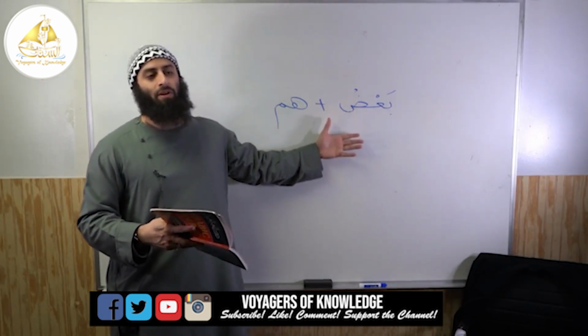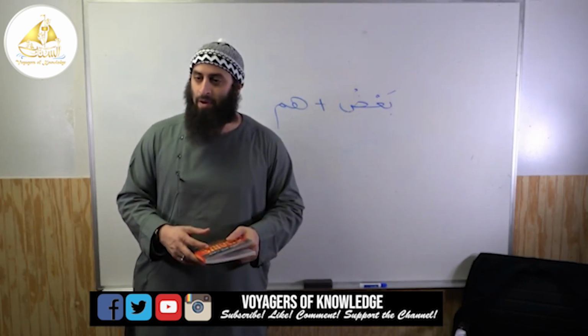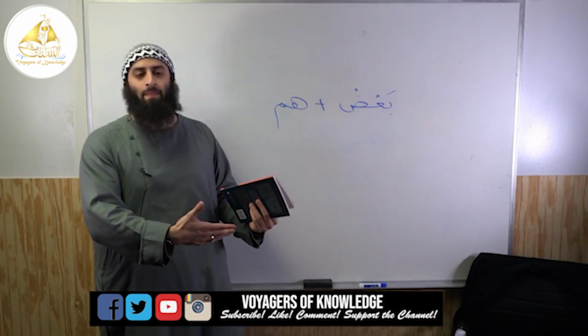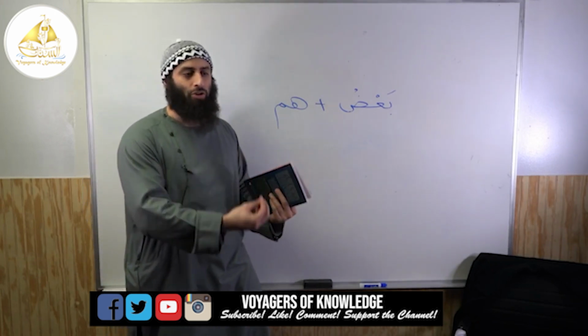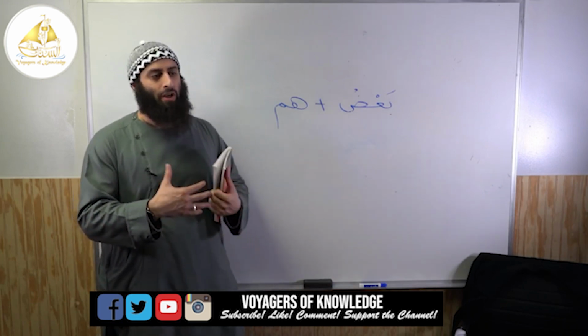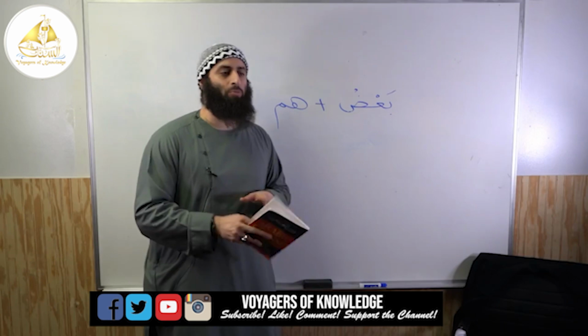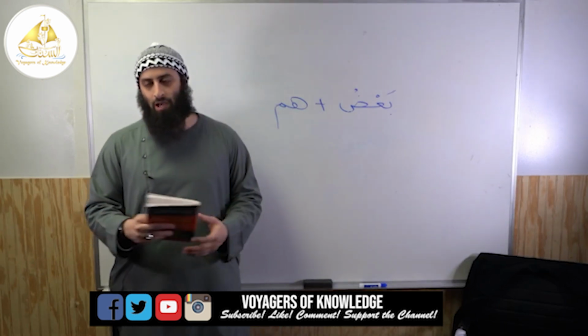It might even be enough to negate your recitation of Al-Fatiha. And Al-Fatiha is a rukn, a pillar of the salah, and you have to have it. So if your Fatiha is really screwed up, then you could be negating your own salah.